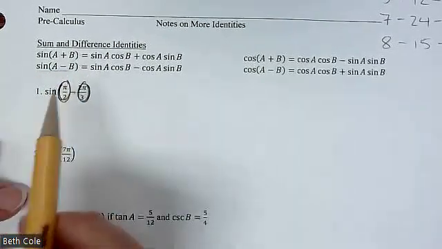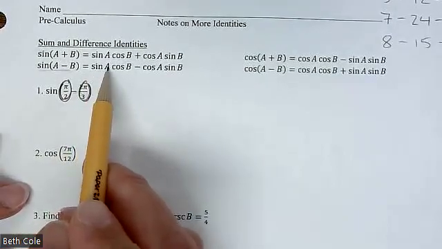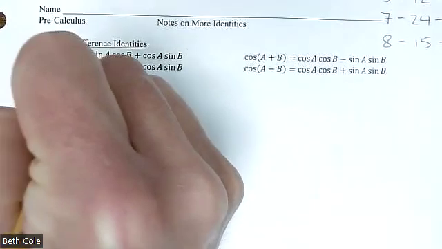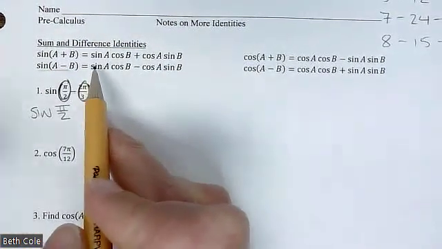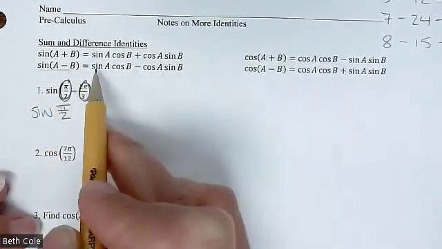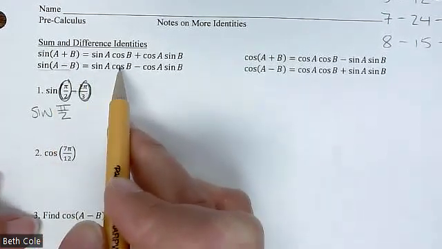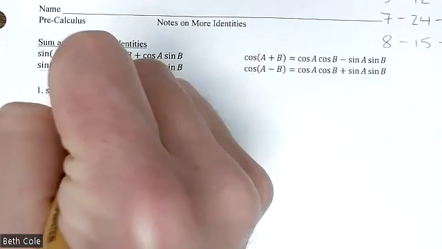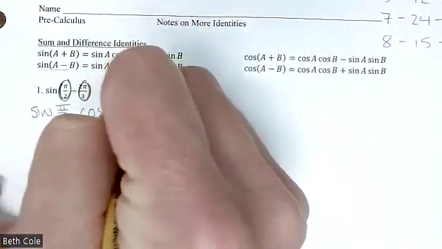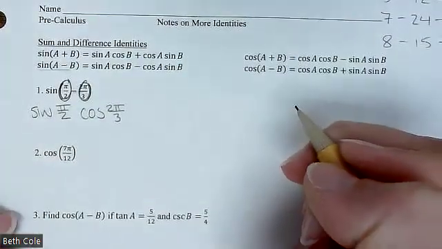Okay. So first thing, let's list it out. It's going to be sine of A, which the first one's A. So it's going to be sine of pi over 2. And you don't have to memorize this. You just need to be able to read and follow along. Pick which one you're going to use and then follow along with it. Cosine of B. So that's going to be cosine of 2 pi over 3. Not negative 2 pi over 3.